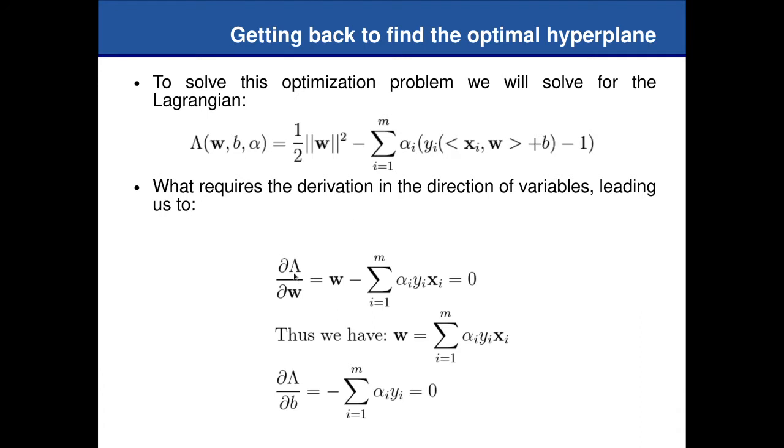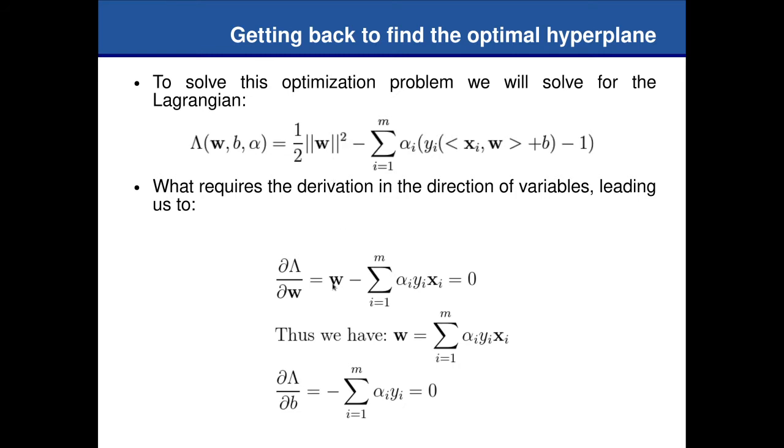Okay? So differentiating the Lagrangian in terms of W, and this is why we used this square over here, the square is going to come down and it's going to be divided by 2. So we're going to have 1 times W, the norm of W. This is so interesting.